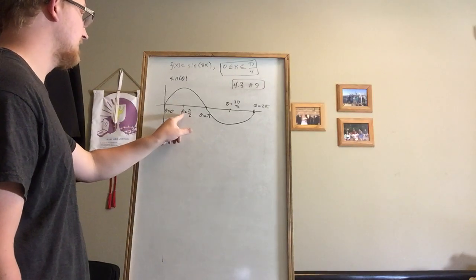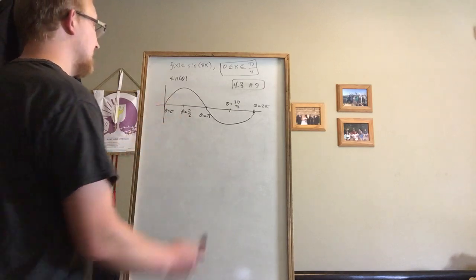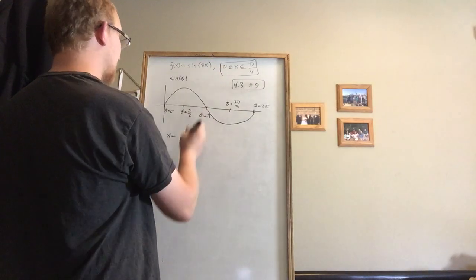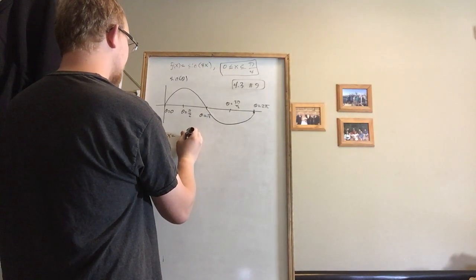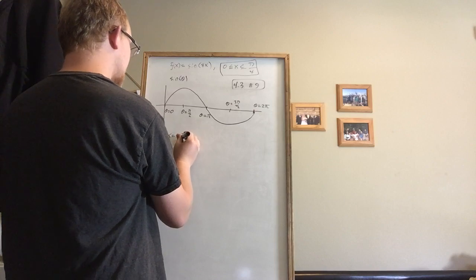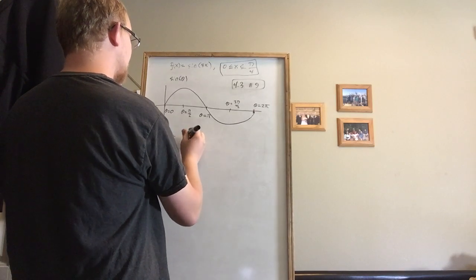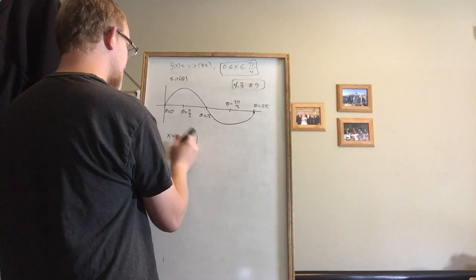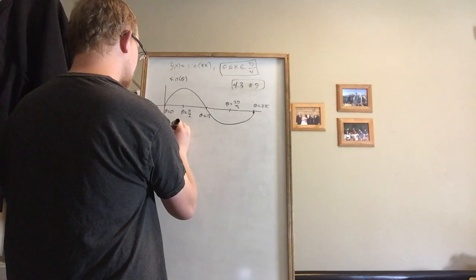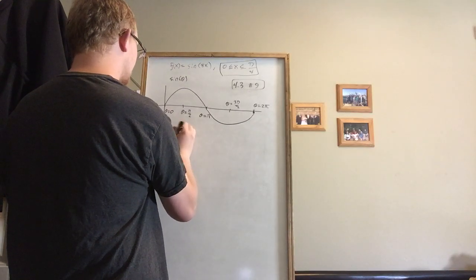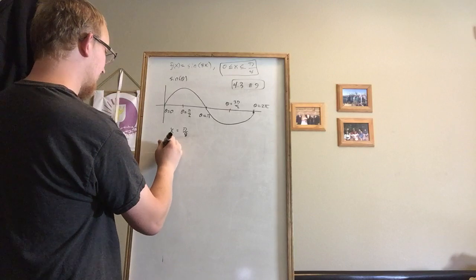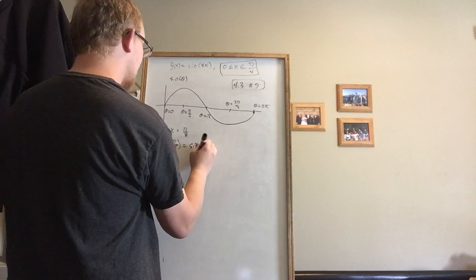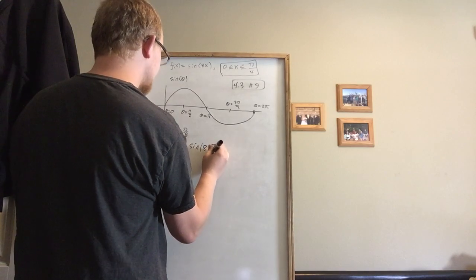Let's say we're going to plug in x equals pi eighths. If x equals pi eighths, and we plug that in for f of pi eighths, we're going to get sine of 8 times pi eighths.